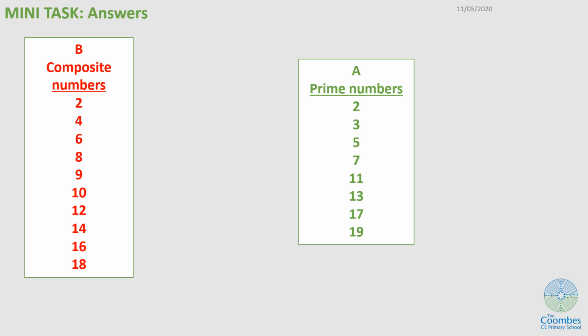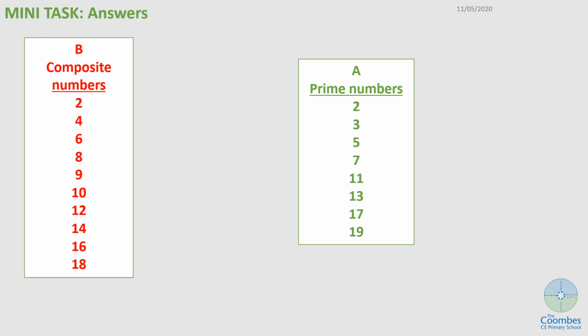How did you do? Now, prime numbers below 20 are here. You can see the factors for 2 are 1 and 2. The factors for 3 are 1 and 3 itself, 1 and 5, 1 and 7, 1 and 11, 1 and 13, 1 and 17, 1 and 19.